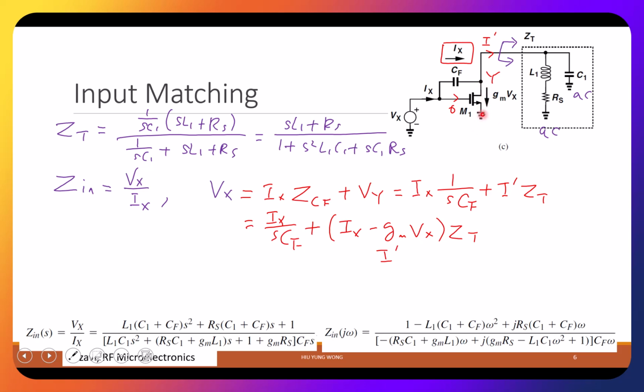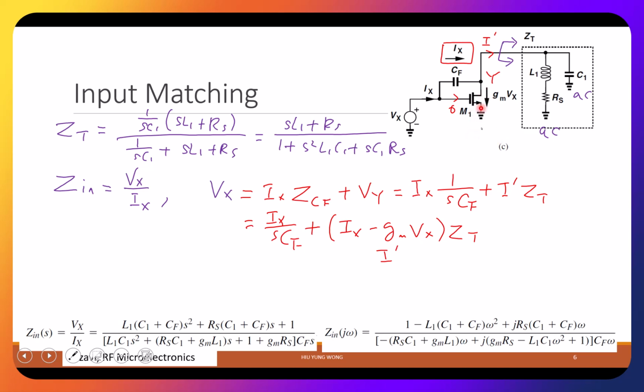Why is this current GMVx? Can someone tell me? Why is the current going into the transistor GMVx? Yes, there's no channel modulation. Very good. That allows me to do GMVx. But I'm asking something more fundamental. Maybe you think that is too trivial. Why is this GMVx again, when there's no channel modulation?